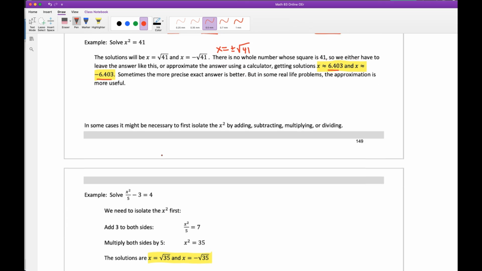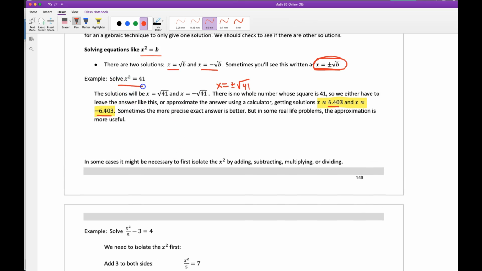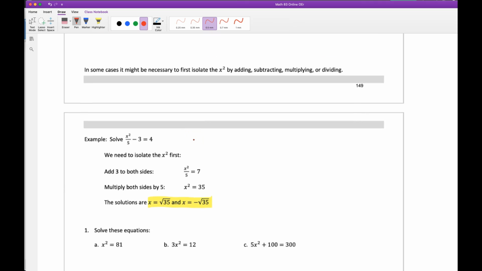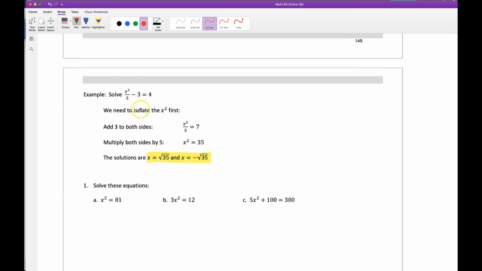And so in some cases, of course, equations are not going to be that easy to solve, but we have ones that will look a little bit more complex, such as this one here, x squared divided by 5 minus 3 equals 4. Take a look at the series of steps you use to solve this. It's exactly like what we do with linear equations.